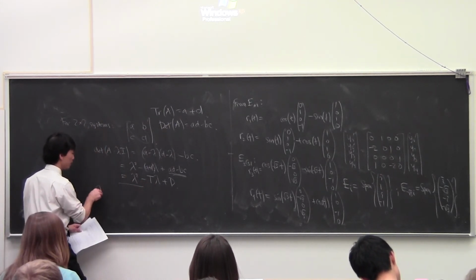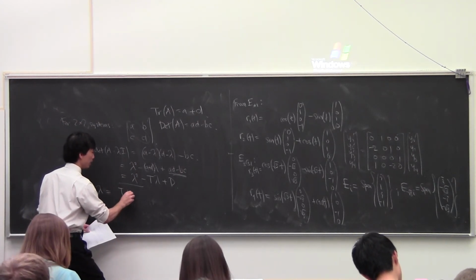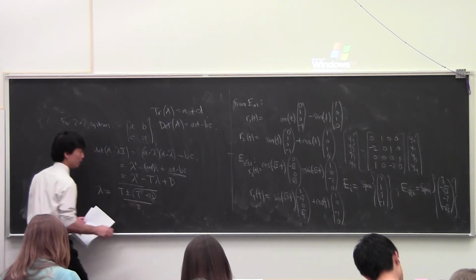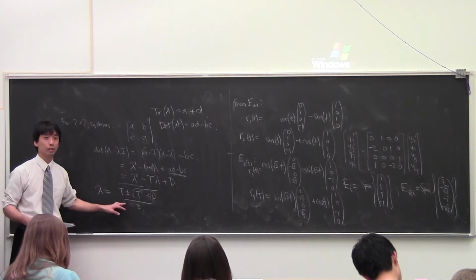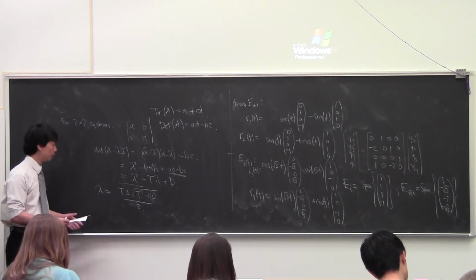And you see that the solutions are T plus or minus the square root of T squared minus 4D, over 2, by the quadratic equation. So what does this tell you?